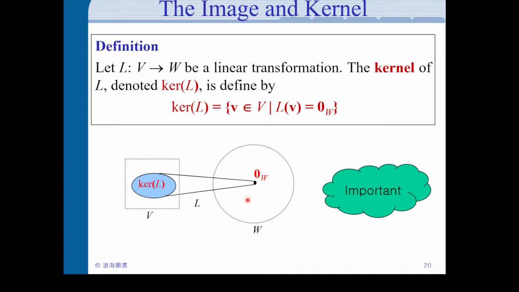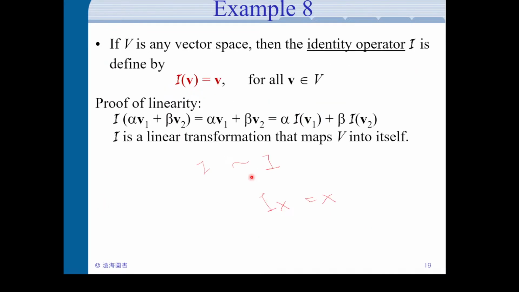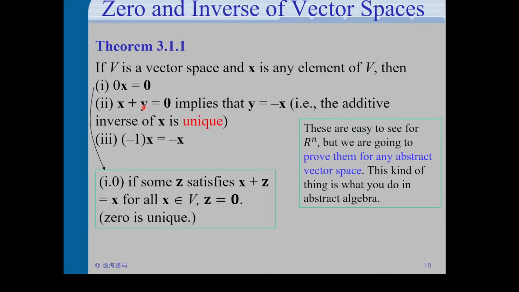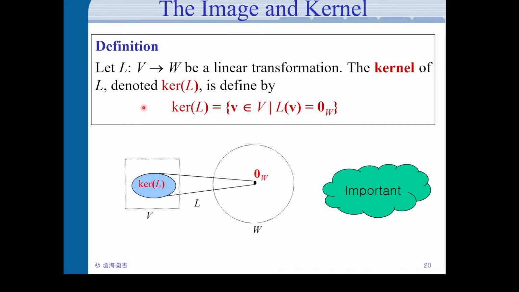Now we have a linear mapping L from some vector space V to a vector space W. Something will get mapped to 0 of W. The existence we proved here: 0 of V will get mapped to 0 of W.